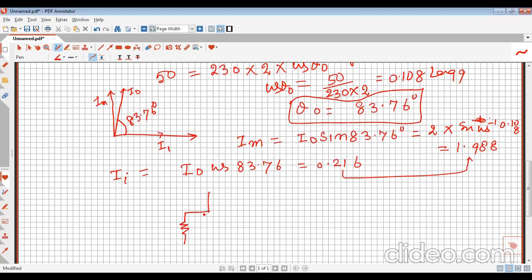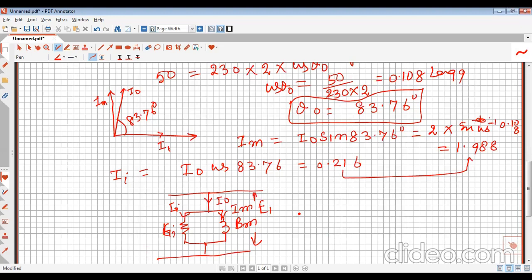Here it is the resistance, here it is our BM, and the diagram is like this. So BM is here, and here the current IM is known, the current I naught is also known, II is also known, and here GI is called the conductance. From here to here, the voltage is also known, given as E1, which is equal to 230.